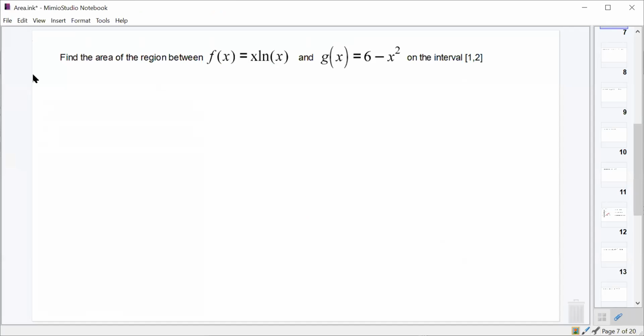Okay. So this ought to be an integral of 6 minus x squared minus x ln x dx, integrated from 1 to 2. And just to refresh our memories on how to take integrals using calculators, let's do that.